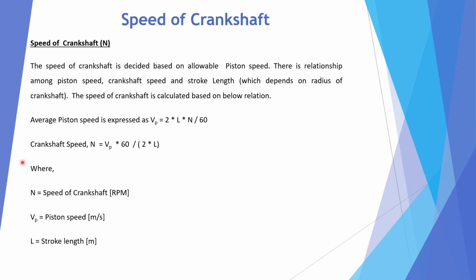So through this equation we can find out the crankshaft speed. So this is one criterion through which we can calculate crankshaft speed based on the required Vp, that is the piston speed, based on the stroke length.